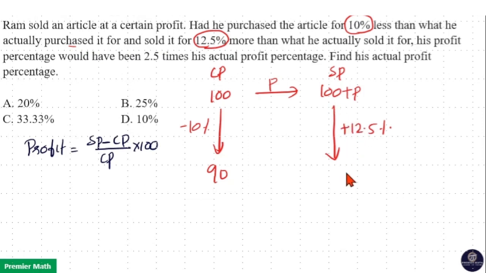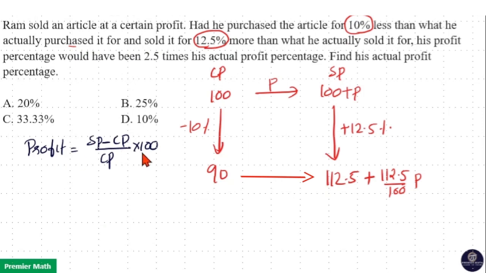Then 100 plus 12.5 is 112.5 plus P plus 12.5% of P is equal to 112.5% of P. Now we can see if I take the difference between sell price and cost price, this is equal to 22.5, which is equal to 12.5% plus 10%.